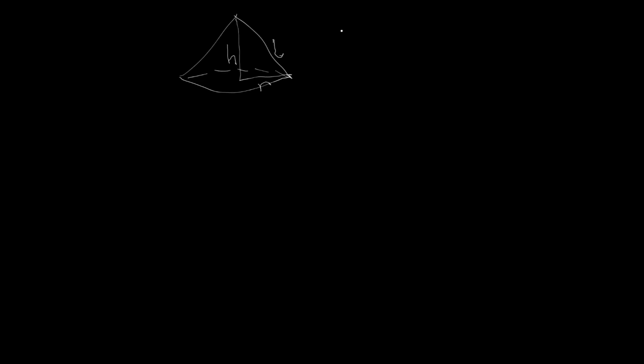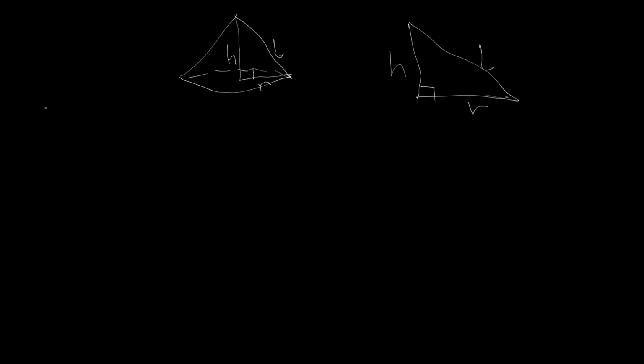So from our cone, we can see we have a right angle triangle here. Let me draw the right angle triangle again. We have our r, our l, and our h.